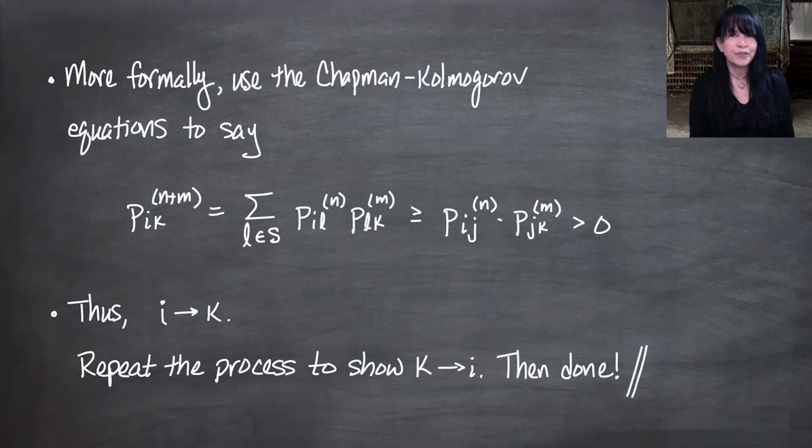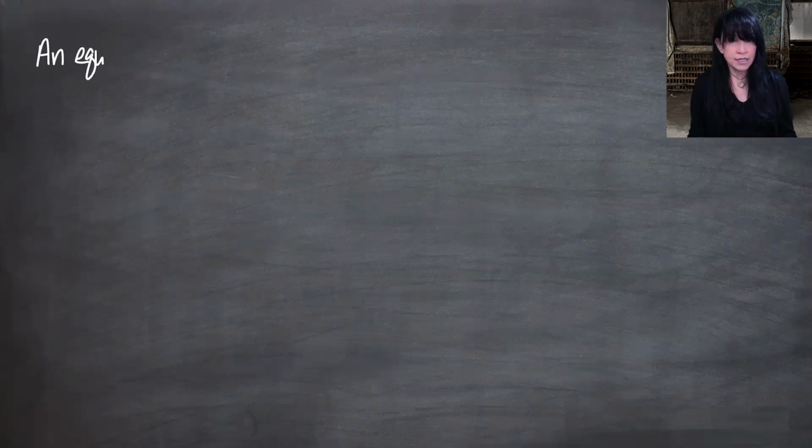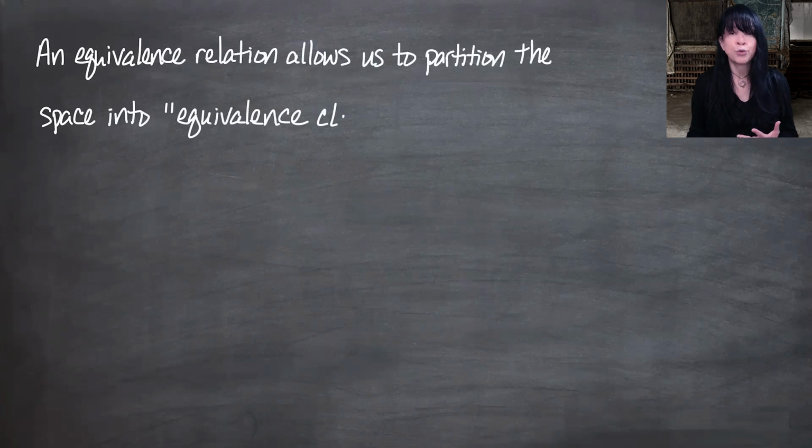So we have proven the transitive property, and we have that communication is an equivalence relation. Again, that just means it satisfies those 3 properties: the reflexive, the symmetric, and the transitive properties. And because of this, when you have an equivalence relation, which is some sort of binary relationship, you take a set and you take 2 elements of the set and put some symbol between them and make sure it satisfies those 3 properties, then it allows you to divide the elements of the set into classes of equivalent elements.